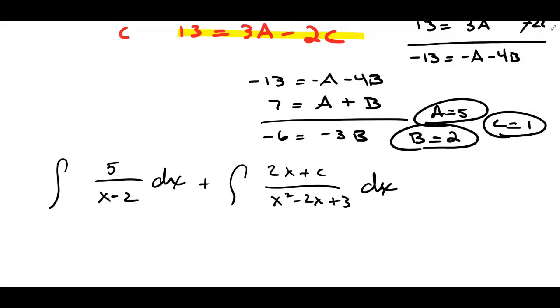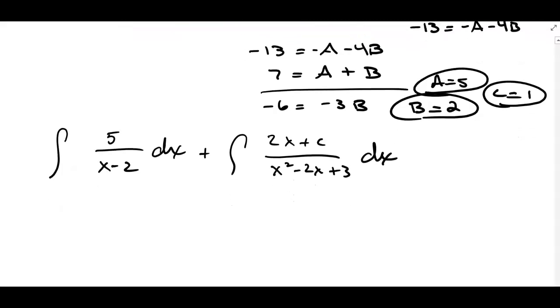The first one is a little bit easier because you can bring the 5 out. It becomes a basic natural log. That one, if you integrate down, actually is just 5 ln of x minus 2. All right.